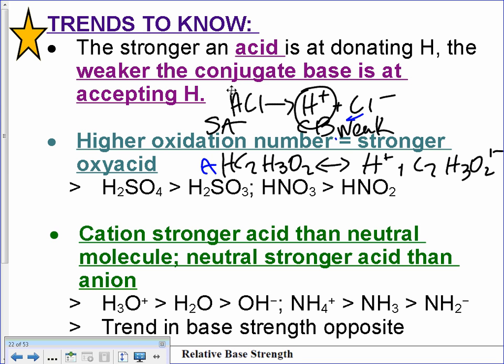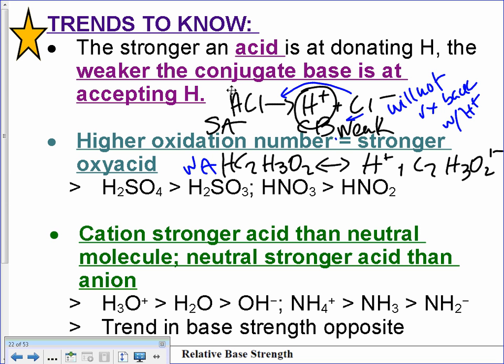I don't know why I labeled this one. This chlorine here, I'm going to backtrack. This chlorine here will not react back with H plus, because if it did, it would reform hydrochloric acid, which immediately would then again ionize. So therefore, it's a weak conjugate base as well, because neither of them has the ability to accept H plus back. So anyway, this is our weak acid.